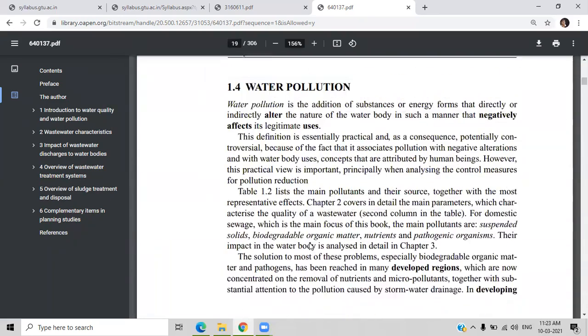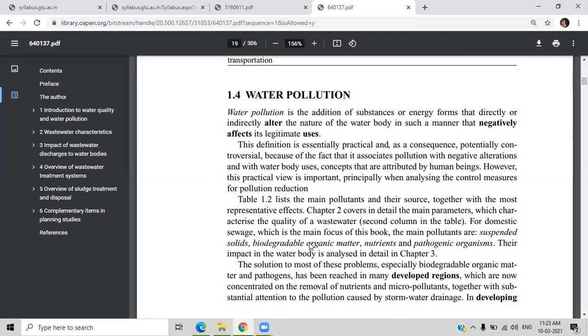The particular table shows the main pollutants and their sources, together with the most representative effects, and in detail the main parameters which characterize the quality of wastewater for domestic sewage. The main focus of this chapter is suspended solids, biodegradable organic matter, nutrients and pathogenic organisms.